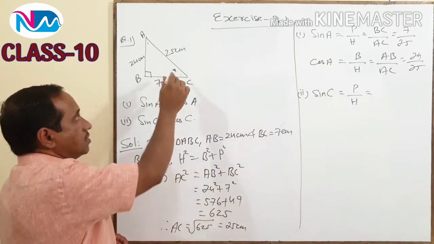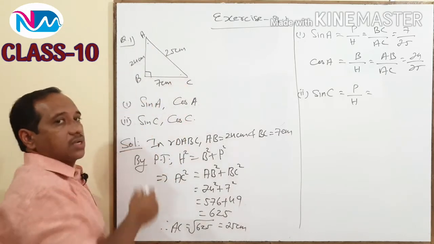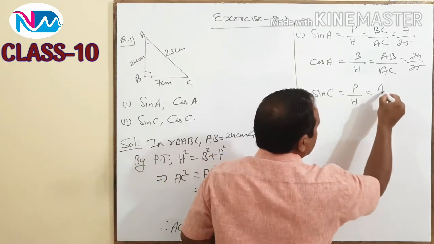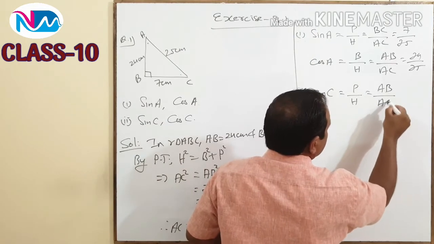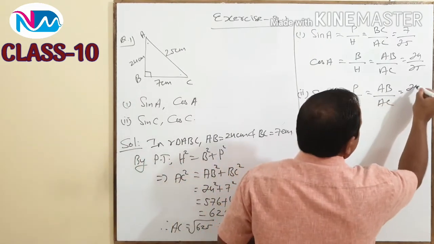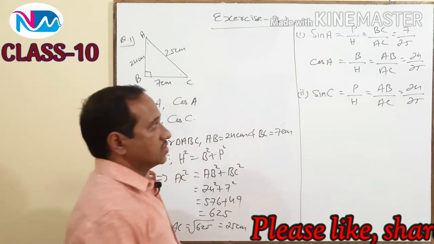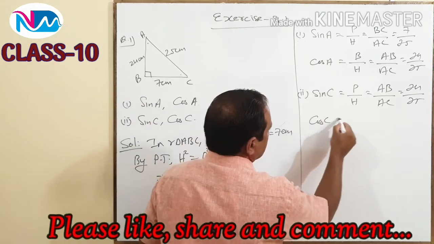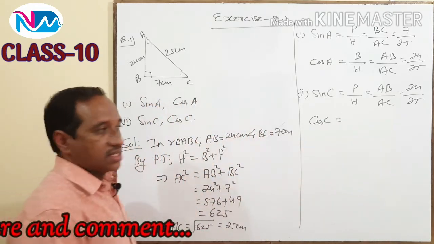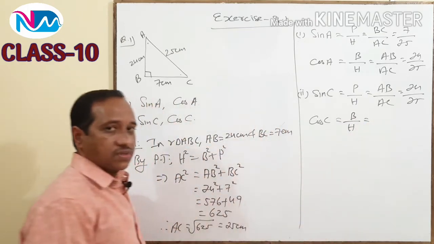But here, with respect to the position of acute angle C, perpendicular is AB. So it is equal to AB by hypotenuse AC. AB is equal to 24 by AC 25.